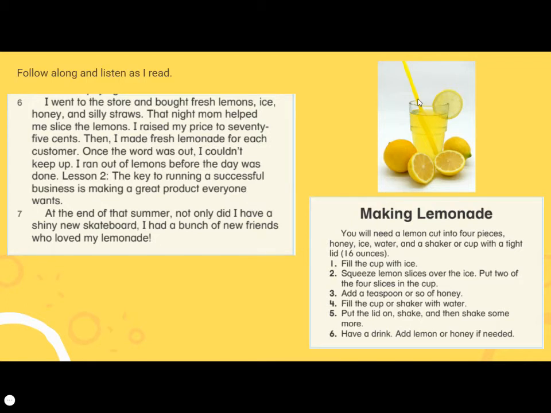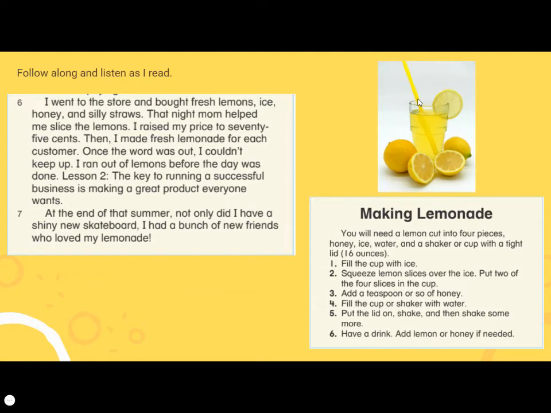I raised my price to 75 cents. Then I made fresh lemonade for each customer. Once the word was out, I couldn't keep up. I ran out of lemons before the day was done. Lesson 2. The key to running a successful business is making a great product everyone wants. At the end of that summer, not only did I have a shiny new skateboard, I had a bunch of new friends who loved my lemonade.